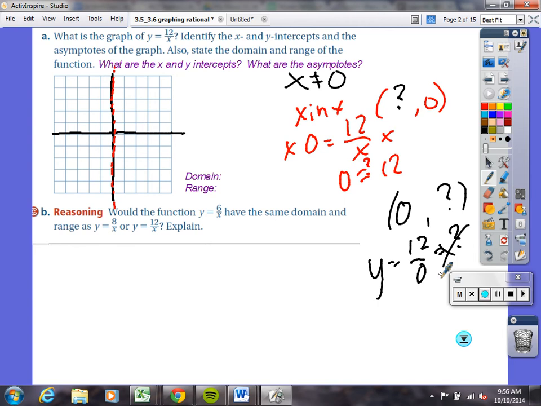Oh, I'm getting old. So can I plug 1 in? What's 12 divided by 1? So I'm going to go by 2, 4, 6, 8, 10, 12. Can I put in 2? That'd be 6. Can I do 3? 4. Can I do 4? 3. Can I do 5?